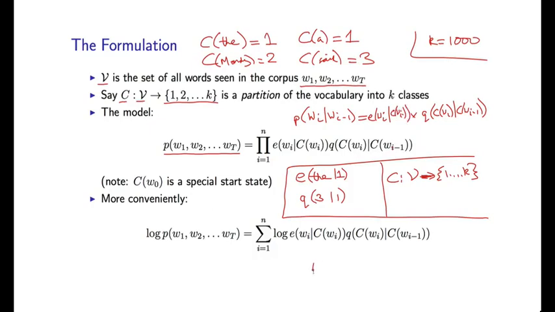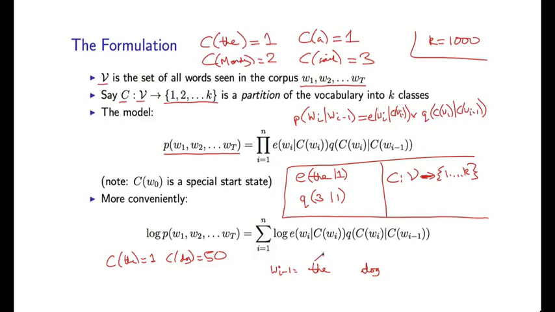So you can think about this as follows. Say the previous word is "the", say this is w_{i-1}, and I want to calculate the probability of the next word being "dog". Let's say for the sake of argument that C(the) is equal to 1 and C(dog) is equal to 50. So "the" falls into the first cluster and "dog" falls into the 50th cluster.